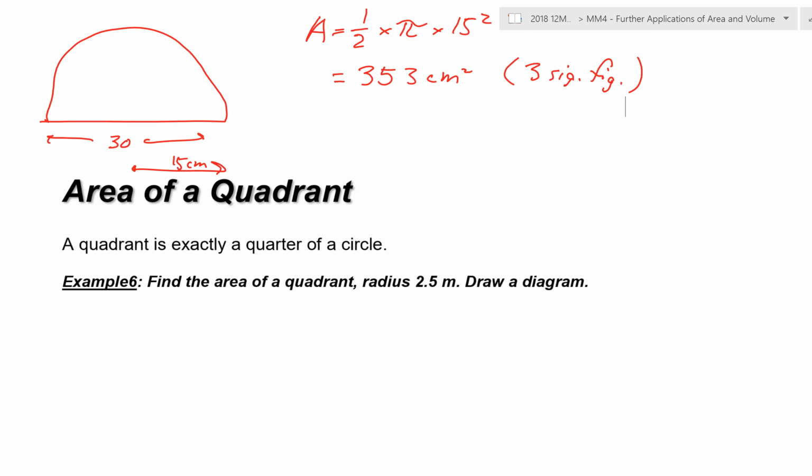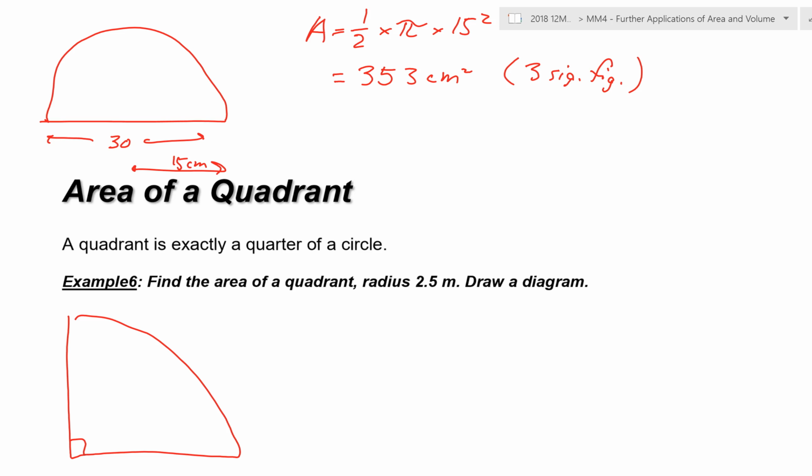Area of a quadrant, quarter of a circle. Instead of the half here, we're going to put a quarter in. Now, draw a diagram, always a good idea. My general advice is that your diagram should be approximately the size of the palm of your hand. Maybe a little smaller, but not a lot smaller. It should be no smaller than half the size of your phone. You like that? Half the size of your phone is about the smallest your diagram should ever be.